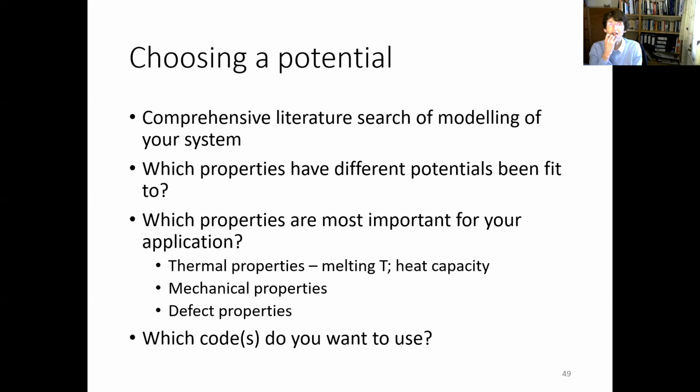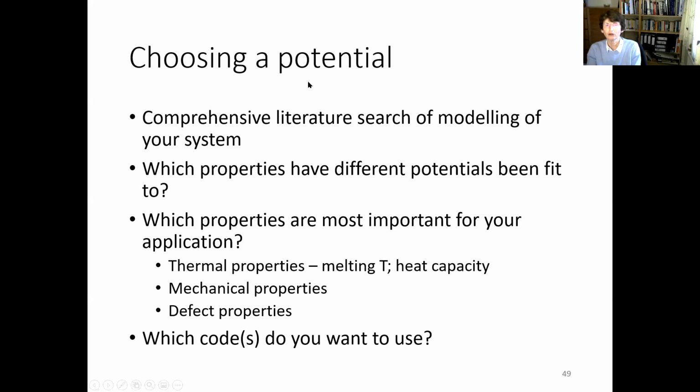So I mentioned this actually earlier when I was talking about silicon. So if you want to choose a potential, what do you do? Well, first of all, you clearly need to do a very comprehensive literature search to see what potentials are available in the literature.